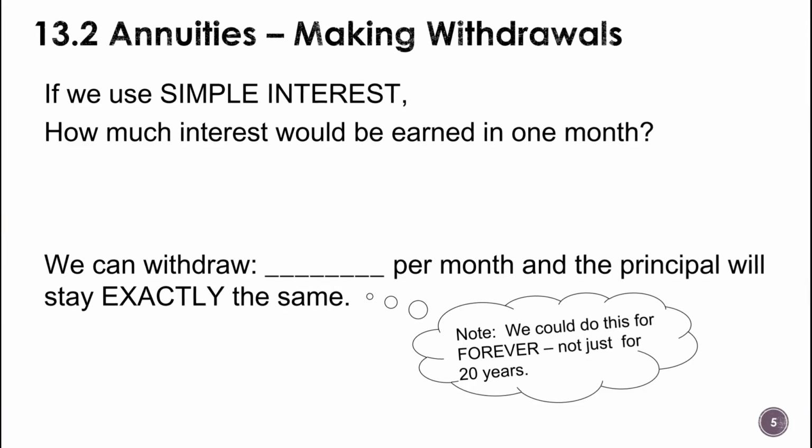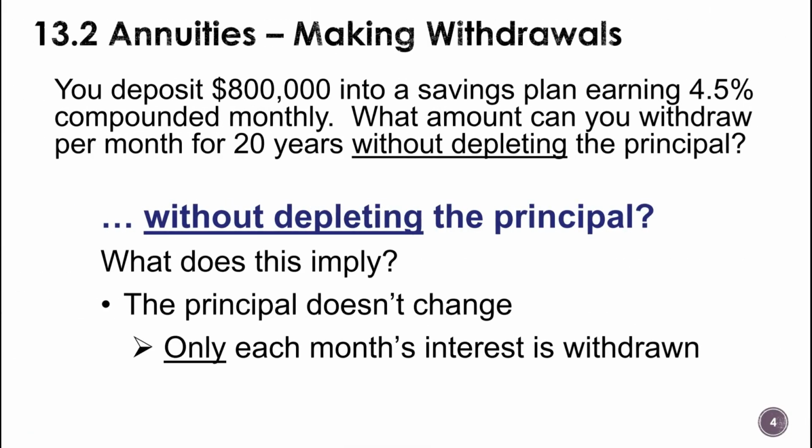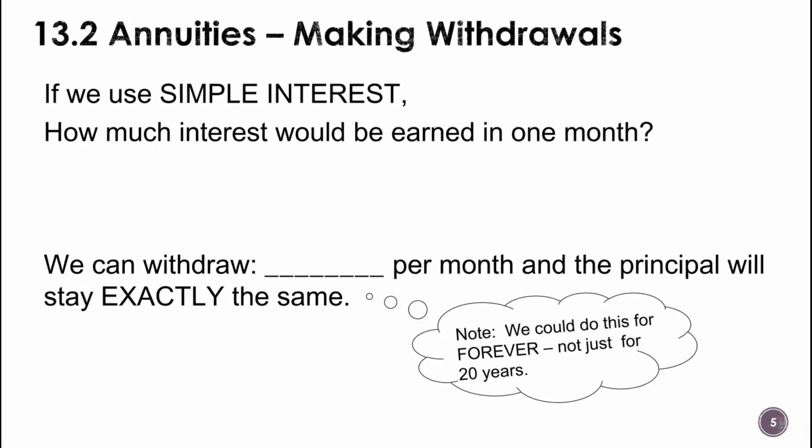So if we use simple interest on this last question that we were talking about, it was $800,000, 4.5% for 20 years. We're withdrawing that monthly. So basically on this we would use the I equals PRT formula, right? Simple interest.